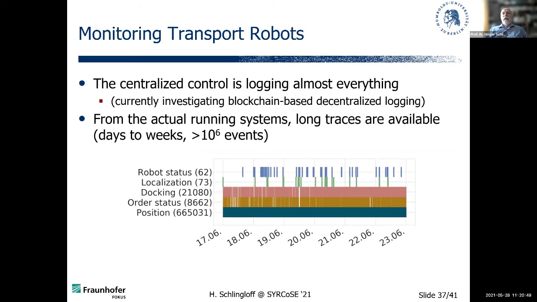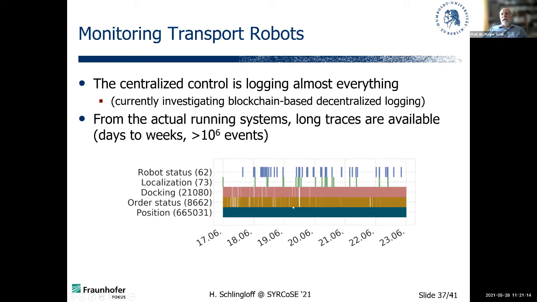Currently, we have deployments where there is still this centralized control. That is good, because the centralized control is logging almost everything. So we have a huge number of event logs, gigabytes of event logs, millions of events.